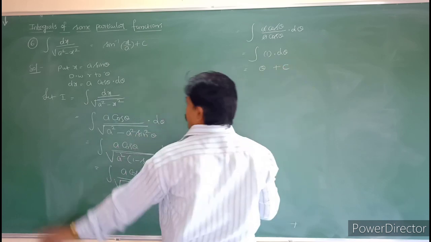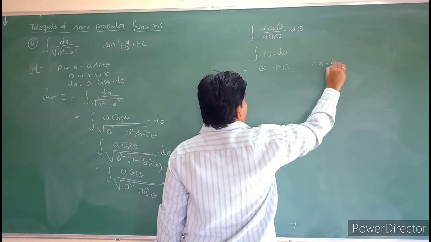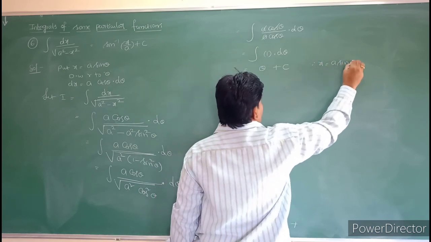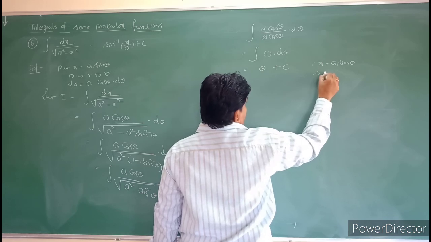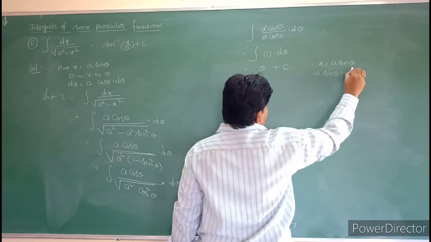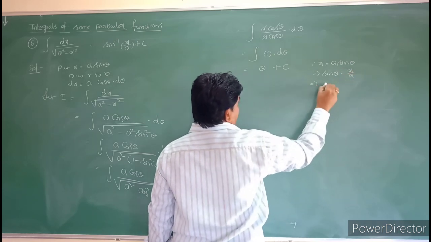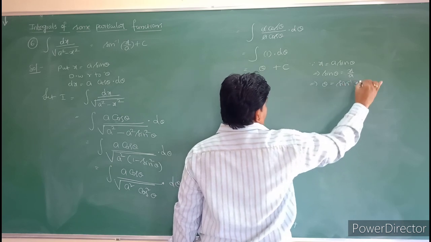What did we take first? x is equal to a sin theta. So that implies sin theta is equal to x by a, so theta is equal to sin inverse of x by a.